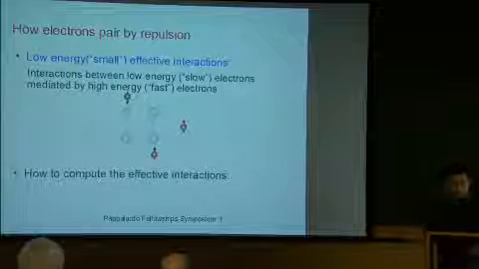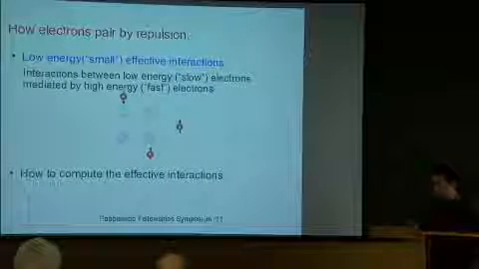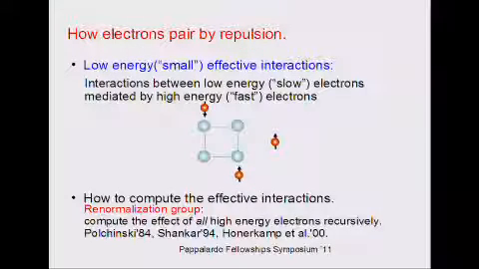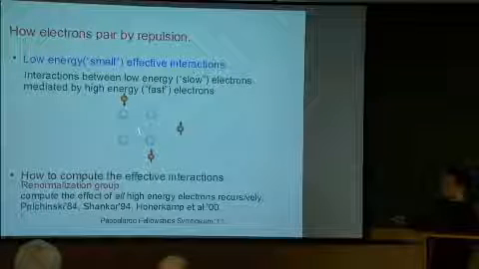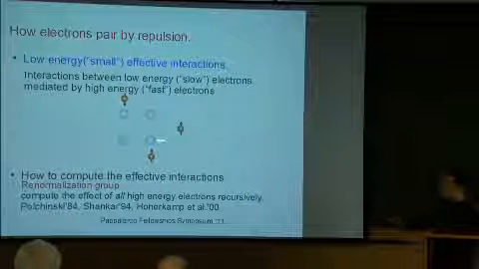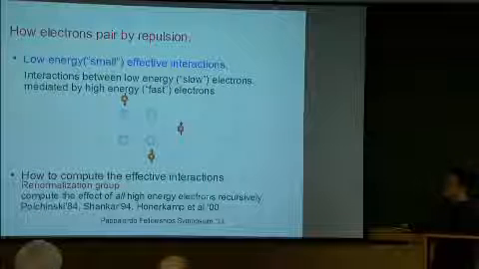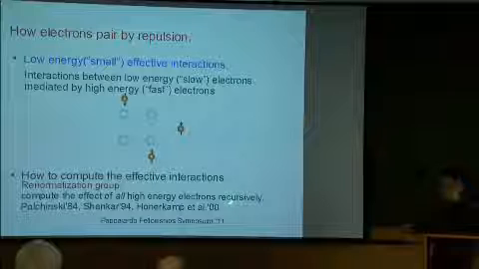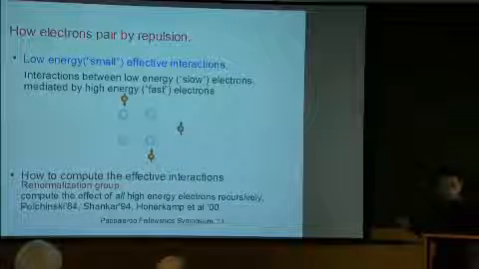We have a systematic way to compute this effect, which we call the renormalization group, which is very technical. I will not go into any detail of that. Its basic picture is just as simple as this. We compute the effect of higher-energy electrons on low-energy electrons. And in this process, we can compute the effect of all of the high-energy electrons without any particular bias. This has a long history I will not really talk about.